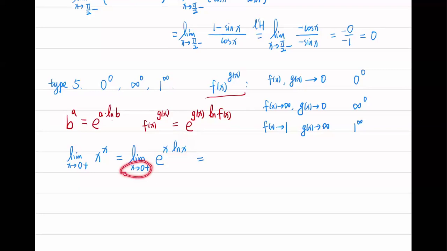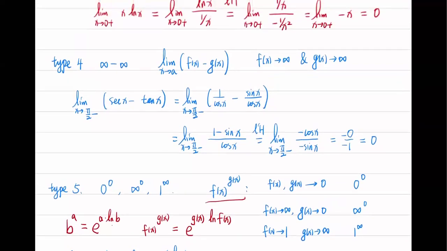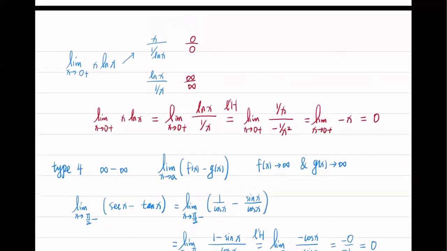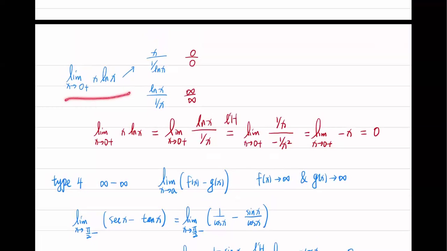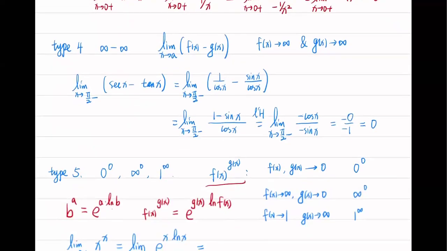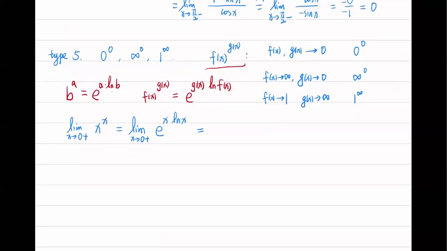Well, how do you find this limit? Limit of the product. Okay, so we can go a little bit above. We just found it over there. It is 0. So we will use this information. This limit.